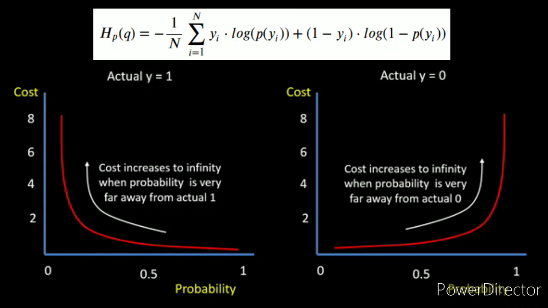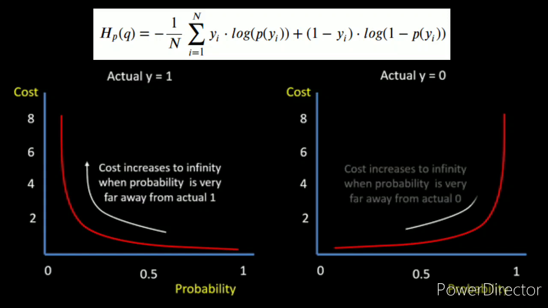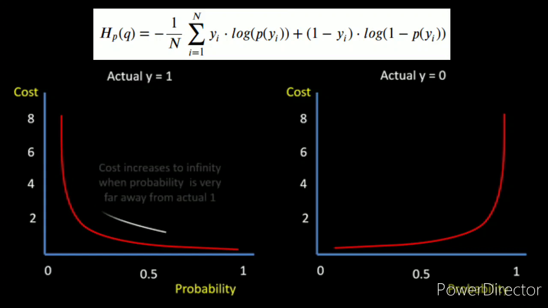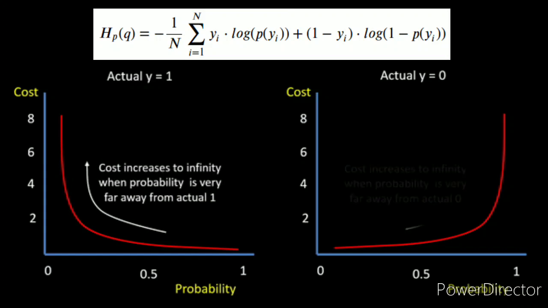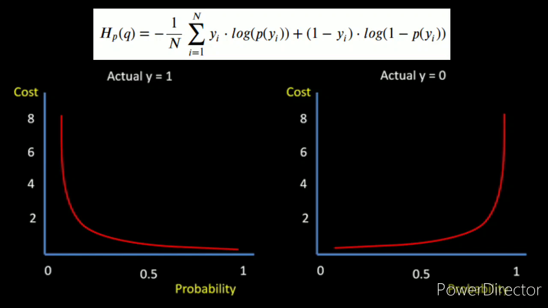Now if the actual value is 0 for the label, and the model predicts it to be 0, then log of 1 minus p becomes log 1, which is 0, and so the penalty is also 0. Whereas think otherwise, if the model predicts this label to be 1, then log of 0 is infinity. Which means a huge penalty is applied to the model so that the model tries to improve itself.